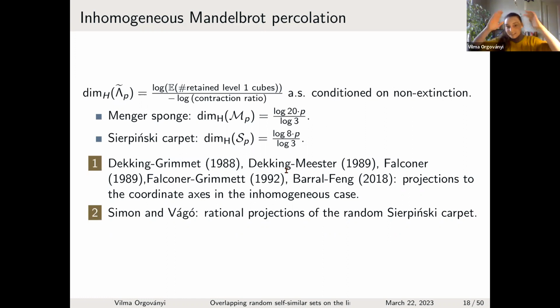And we know a lot about the projection to the coordinate axes of this inhomogeneous Mandelbrot percolation, but the rational projections were not considered in here, but Simon and Vágó considered the rational projections of the random Sierpinski carpet, but we wanted to know a little bit more about these rational projections, what phases are possible.